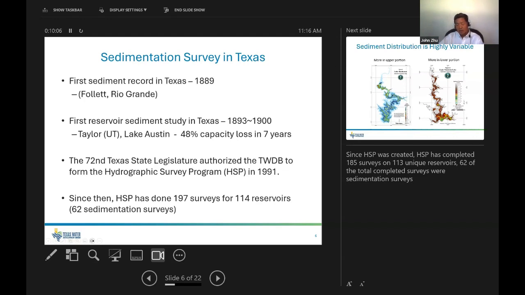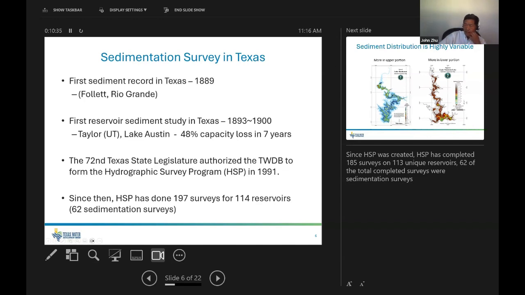And later on, in 1991, the Texas state legislature authorized the TWDB to form a hydrographic survey program. And I think after that, Holly was hired, and since then Holly has been working.